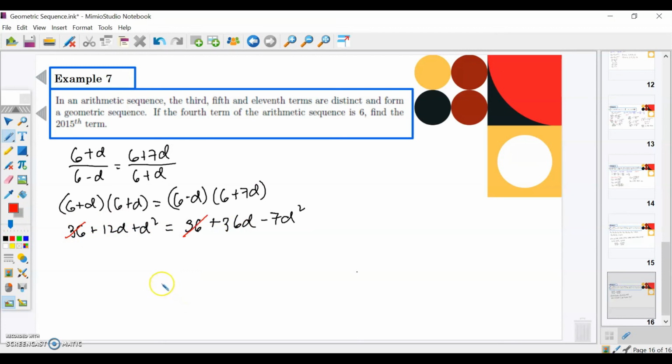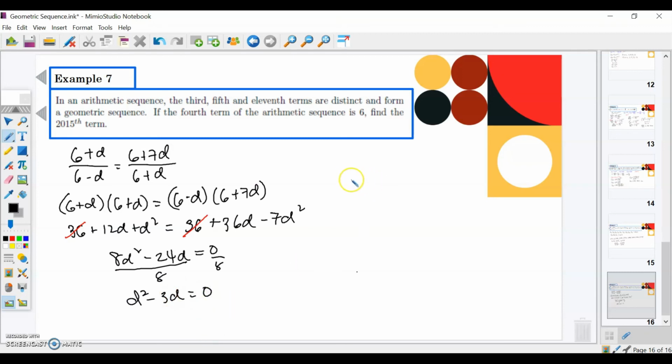And then what I'm going to do is to move all of the terms in the right side to the left side. Then I will have 8d squared minus 24d is equal to 0. Simplifying the equation by dividing both sides by 8, I will have d squared minus 3d equals 0.